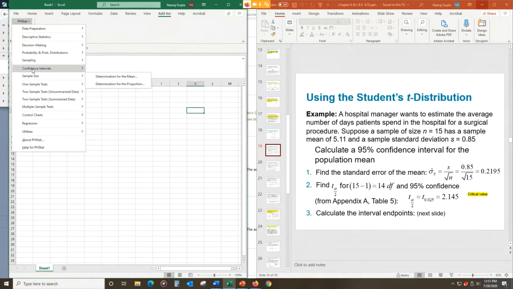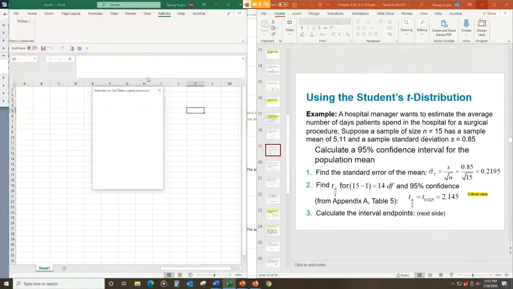So you open your PHStat, you go to confidence intervals. The first one is estimate for the mean, sigma known, but we are not doing that. So do not make that mistake. We are using sigma unknown. Everyone got that? Yes. Clear? Yes. Okay.